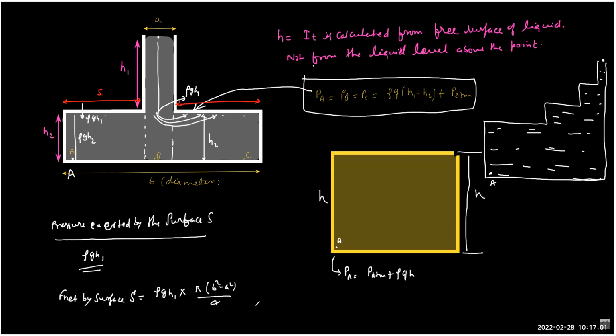Correct? It's a circular shape actually. This is like this. I hope you can understand. I'm bringing this part. So this is the pressure analysis part, and we should be comfortable with this kind of calculation. So this leads to the concept of something called hydrostatic paradox.